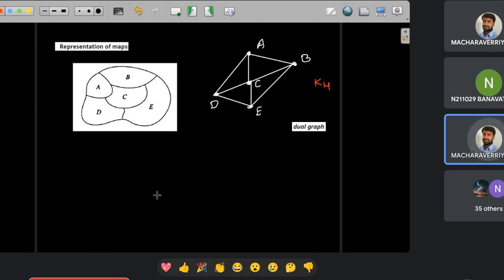Now, how many colors do you need to color the vertices so that no two adjacent vertices receive the same color? Initially I can observe one thing here: the vertices C, D, E are mutually adjoined. C and D are incident with an edge, C and E are incident with an edge, and D and E are also incident with an edge.